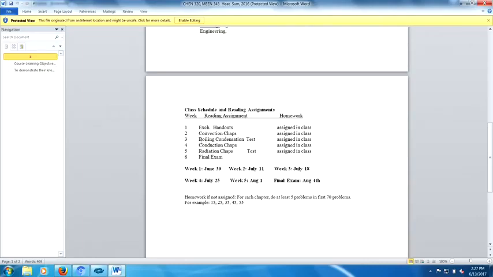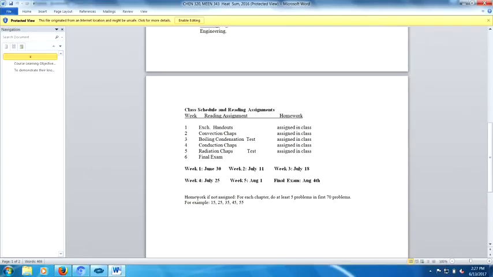And then maybe we'll go into boiling and condensation. Actually, not maybe. We'll probably go into convection first, boiling and condensation, conduction, radiation, and then final exam. You can see that I have here the test is in the second week, and the test is probably also in the 4th week. It's one back from these. So we start the course.